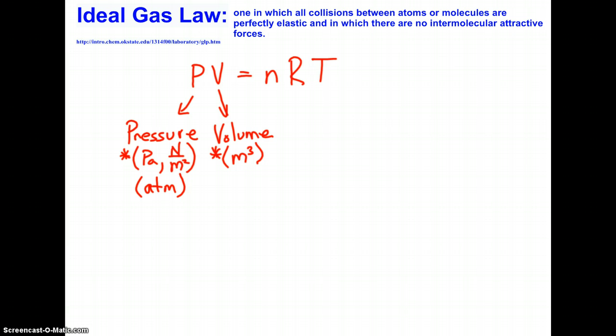However, you will commonly see units of liters also used, and we'll talk about, when we get that far, how to convert easily from liters to meters cubed. n, you chem people will recognize as number of moles. That's the number of moles of the gas. Capital R is the universal gas constant.